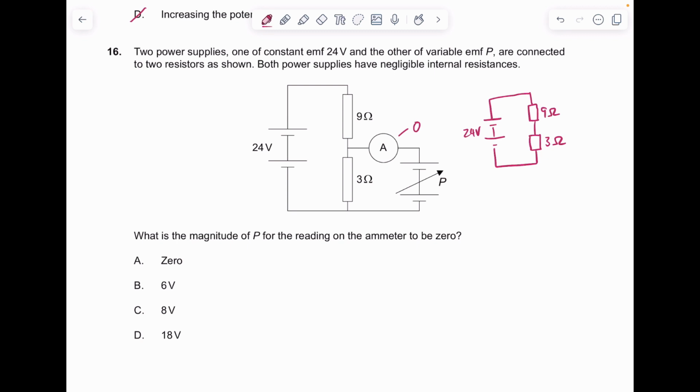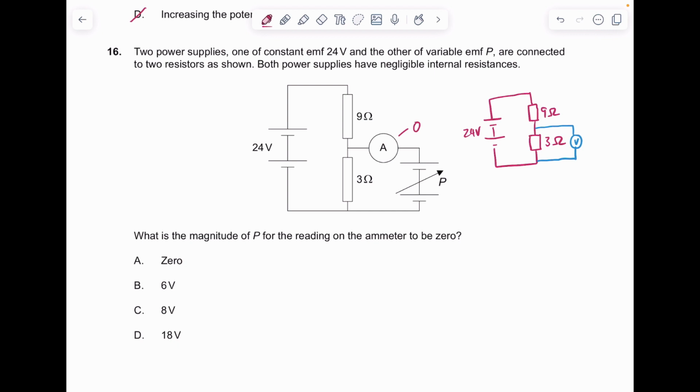Well, if we've just gone down to no current going through P, then it's basically acting like an ideal voltmeter. No current is flowing through that section of the circuit. So what is the reading that we're going to get? At that point, the current's just going straight through the 3 ohm and the 9 ohm resistor. So this just becomes a V equals IR problem.